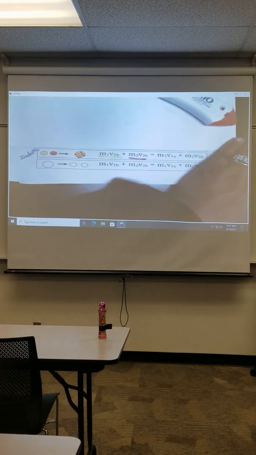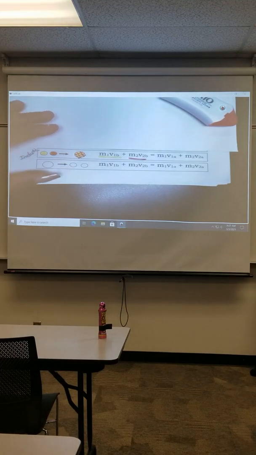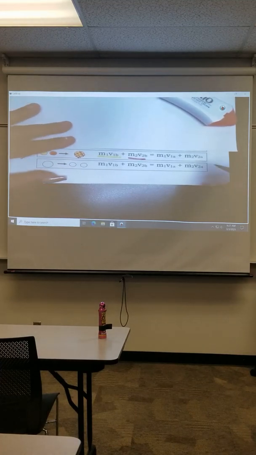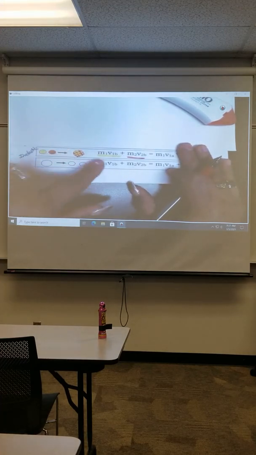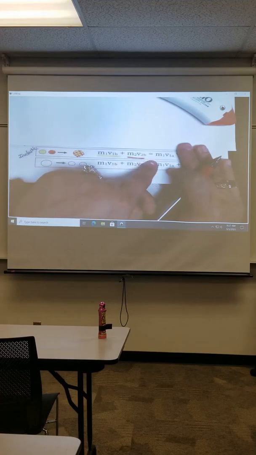But after the collision, I need to combine it into one yellow-red. So let's just cancel that out. Now look, I only have one. Yellow, red, collides into yellow-red. I'm missing something though.